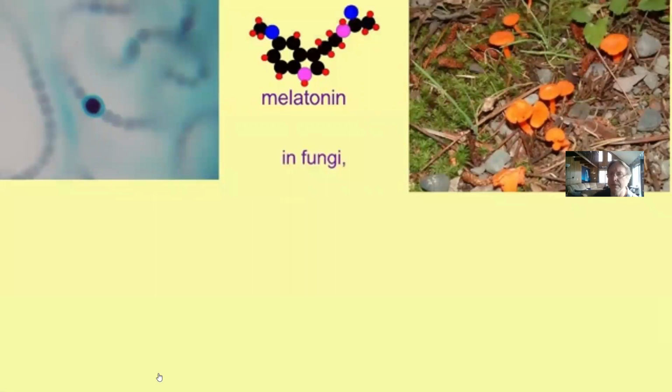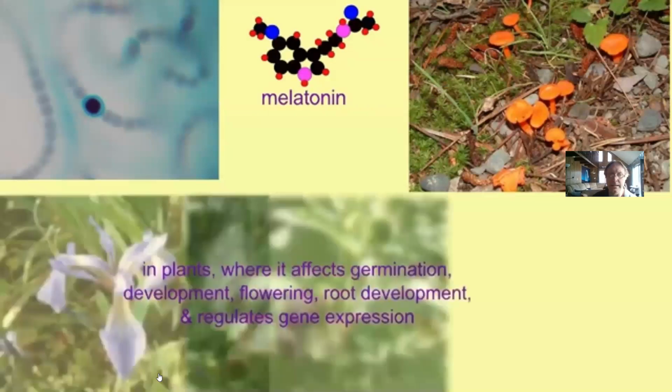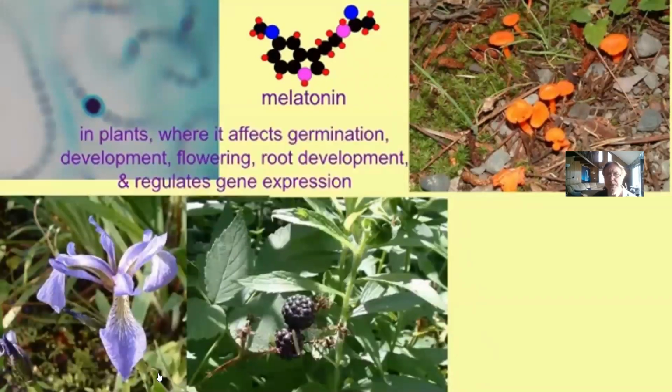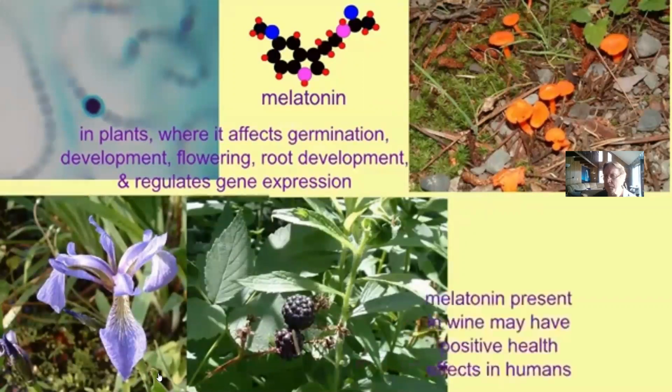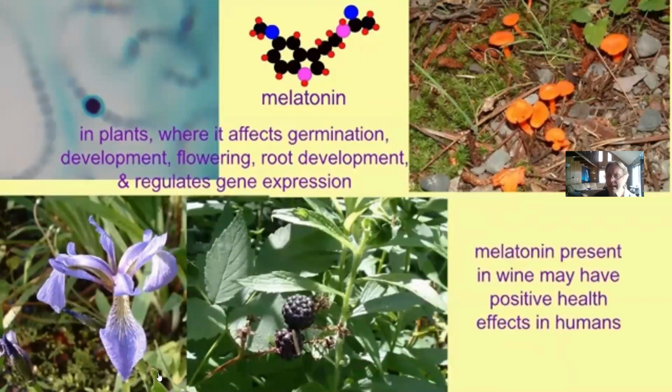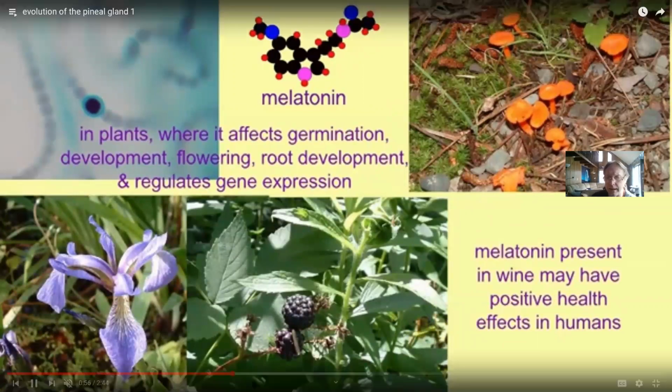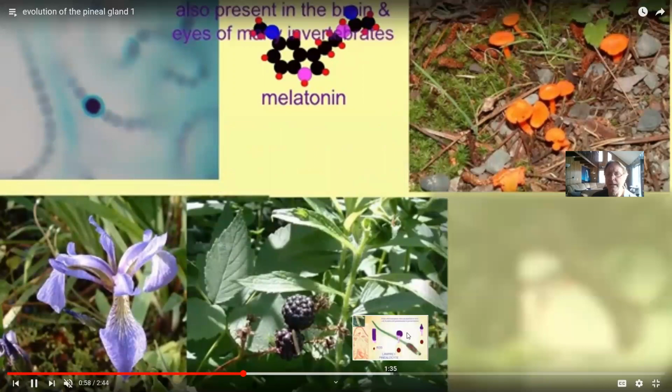Invertebrates have circadian rhythms. Invertebrates can use melatonin in their circadian rhythms. Melatonin even affects plant germination, root development. So this is a very old signal. And so melatonin is simply fascinating.